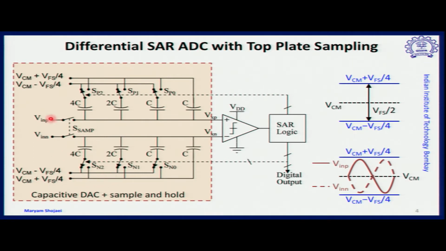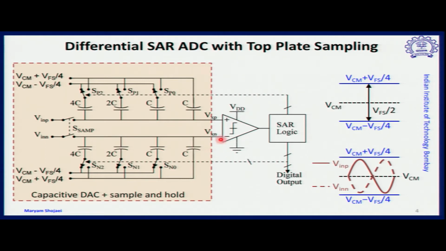The input voltages are V in P and V in N, positive and negative inputs, which are the differential components of the input. The actual input is not referred to the ground. The actual input is V in P minus V in N. And two sampling switches are shown at the input, which sample the input on one plate of the sampling capacitors, which also play the role of digital to analog conversion.